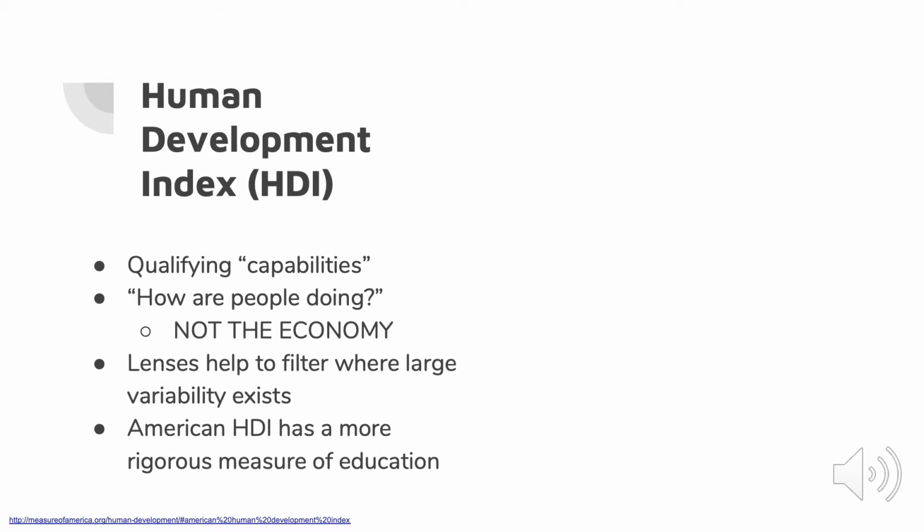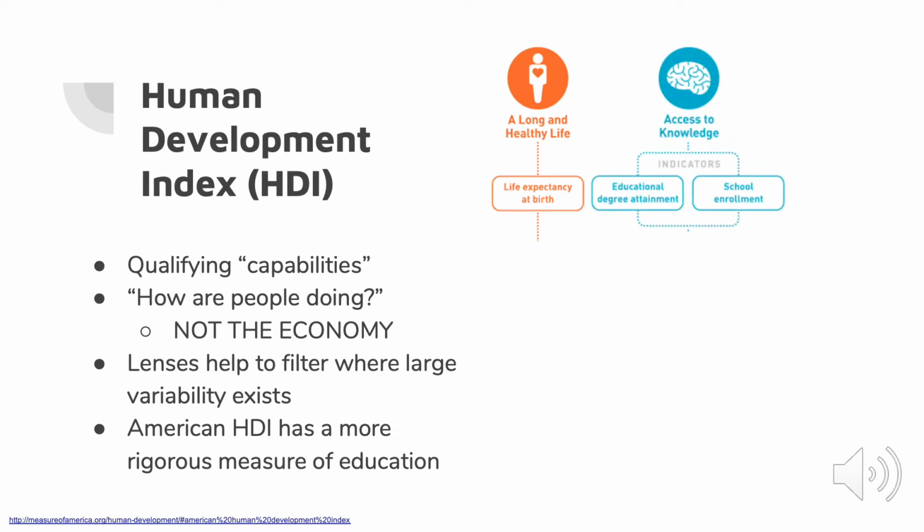Life is the most crucial of these three components, and the HDI measures life using life expectancy at birth. Next is senses, imagination, and thought, and this is measured using two indicators, both educational degree attainment and school enrollment. Realize that these indicators are specific to the American Human Development Index, and the general index uses only the number of years enrolled in school.